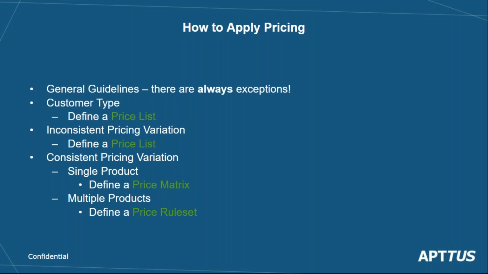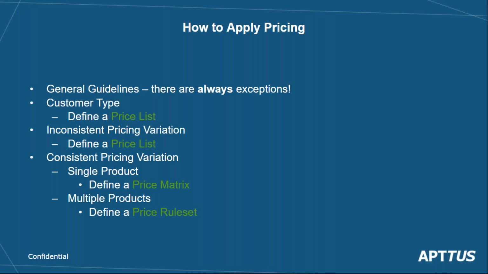Now we'll talk about how to apply the pricing. We just saw that there were many different ways of applying the pricing. In order to apply the price for a customer type, we will define a price list. These are just general guidelines. There are always exceptions.